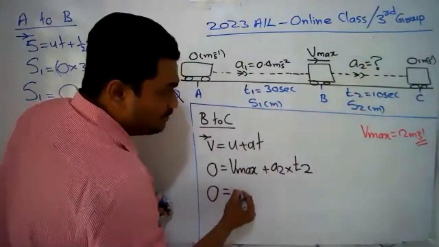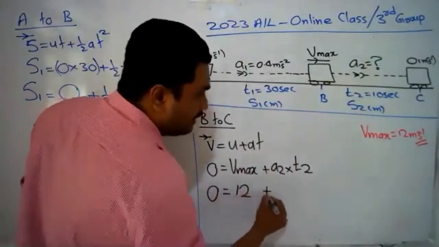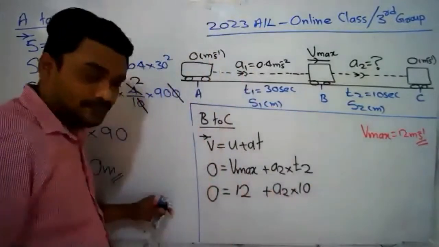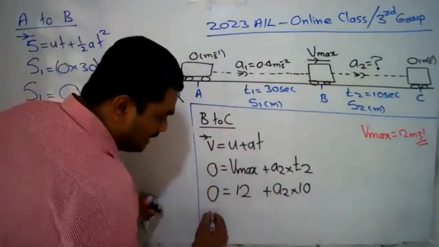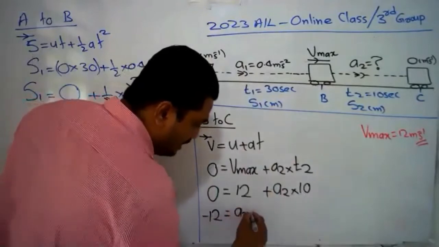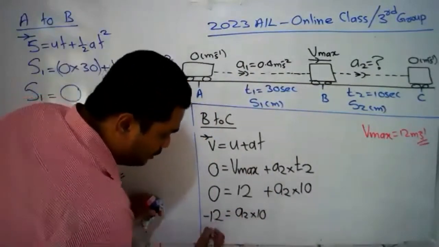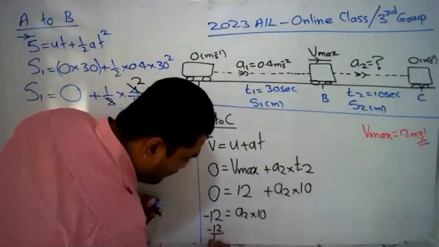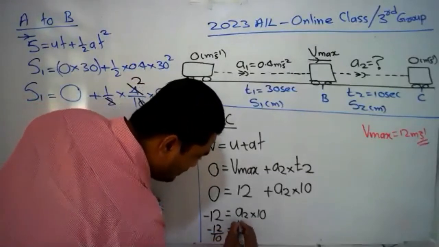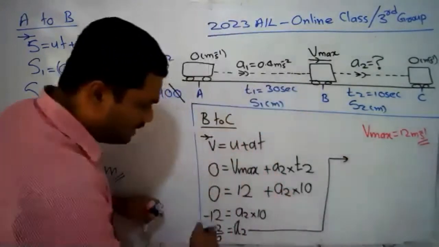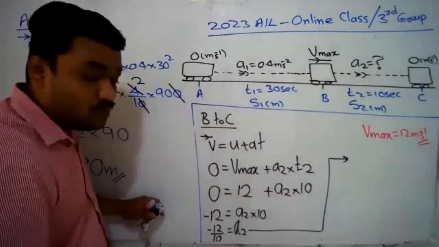0 equals V max, which is 12, plus A2, which we don't know, times T2, which is 10. So 12 comes to this side as minus 12 equals A2 times 10. If you take 10 to this side, you will get minus 12 divided by 10 equals A2. 12 divided by 10 is 1.2.